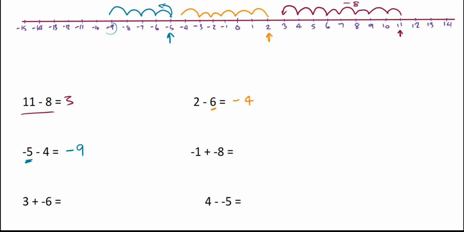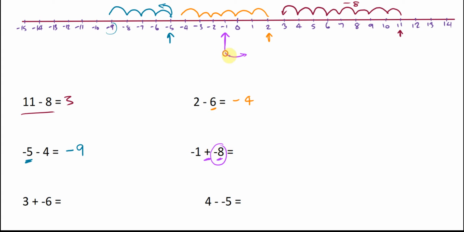Okay, the next one, negative 1 plus negative 8. So if we start at negative 1, which is here, this time we're adding. So when we see the addition symbol, it actually means we're going to end up heading off this way. So negative 1 plus, and then I go to my second number. That second number is actually negative 8.